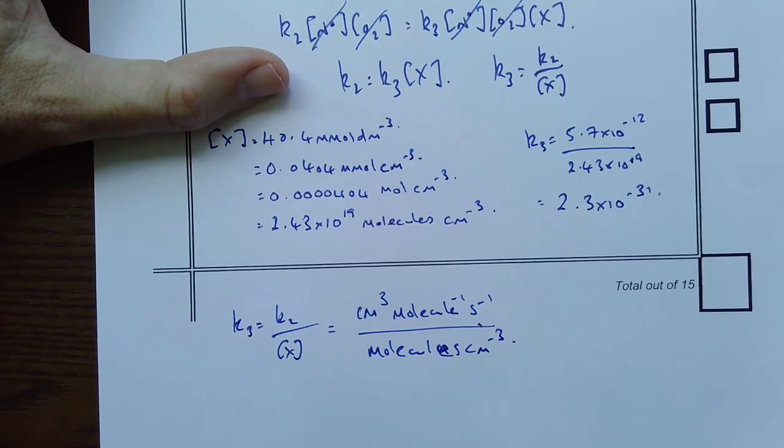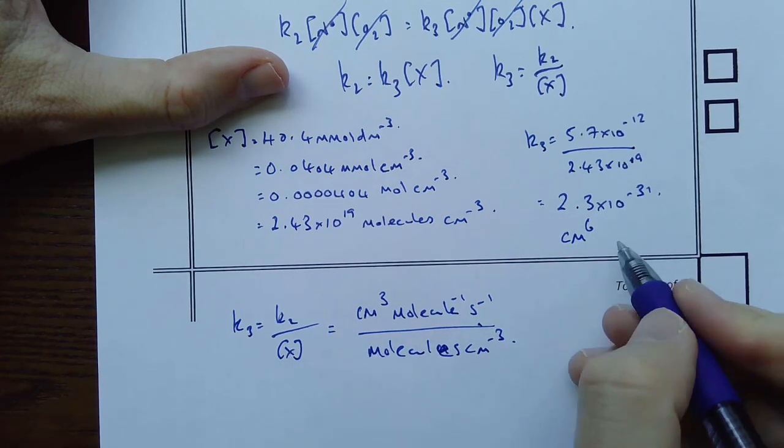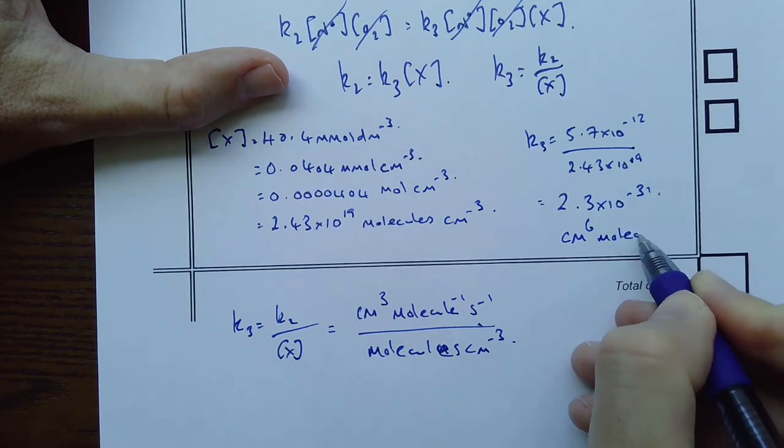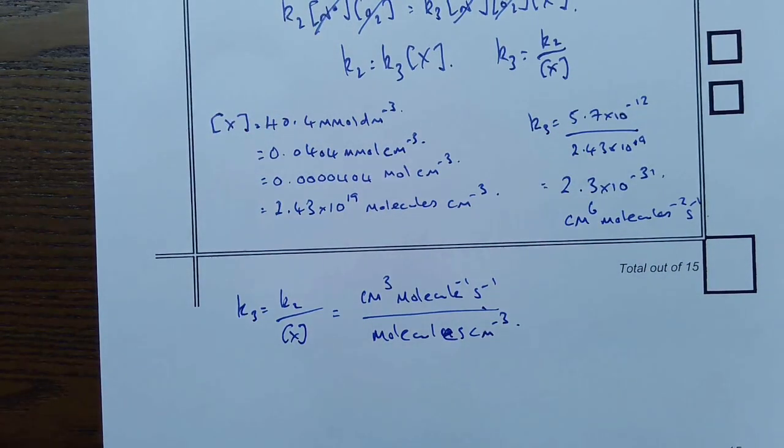So that divided by that, but it's a negative, so it's going to be cm to the power of 6. That divided by that is going to be molecules to the minus 2, seconds to the minus 1.